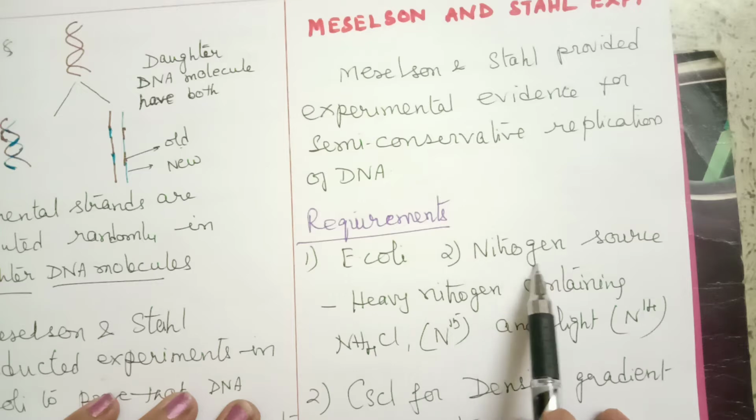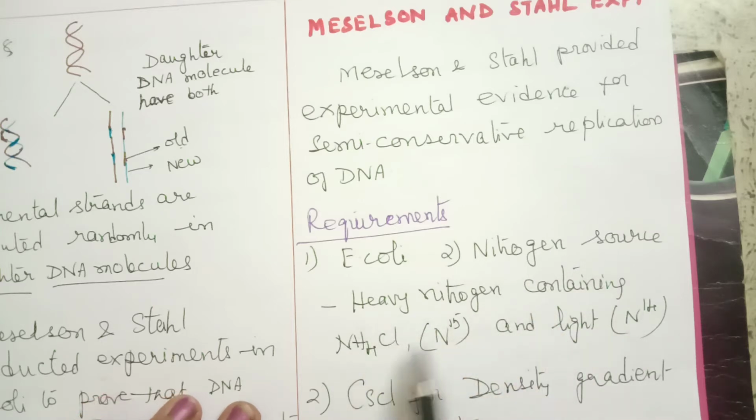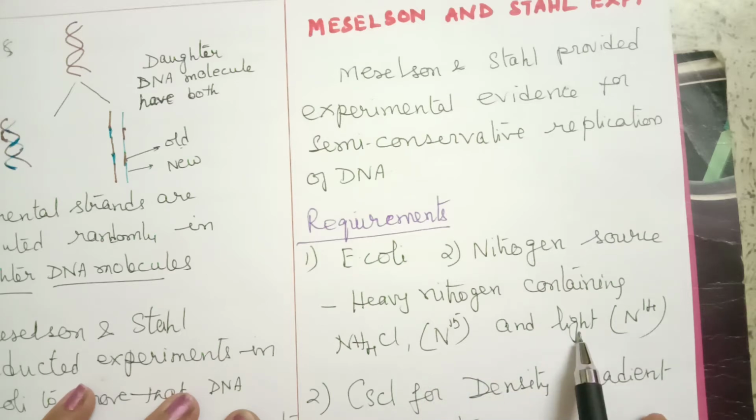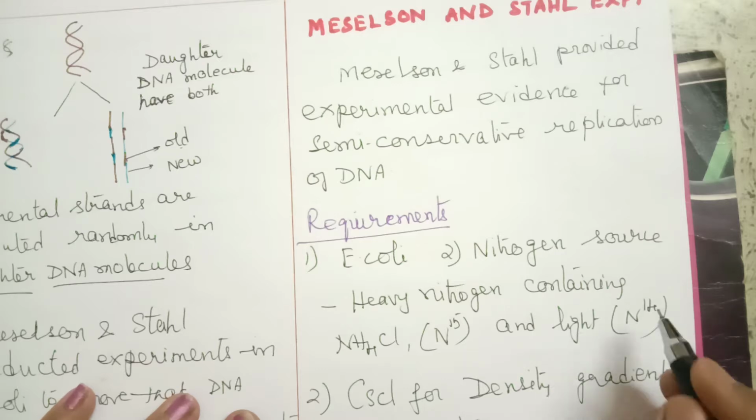Then the nitrogen source, that is heavy nitrogen containing N15. The heavy nitrogen source is taken as ammonium chloride which has N15, and a light N14 ammonium chloride is also taken.